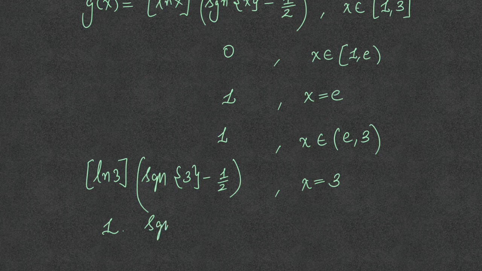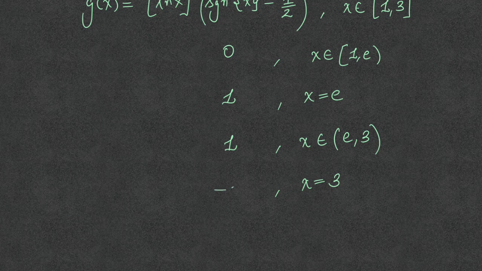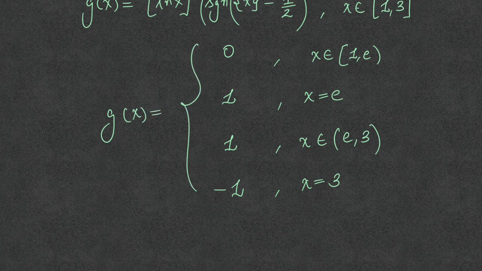The fractional part of 3 is 0, and minus half as it is, so ultimately it becomes signum of negative. Signum of negative will always give us minus 1. So at x equal to 3 we get minus 1. So g of x is redefined like this for the given interval.